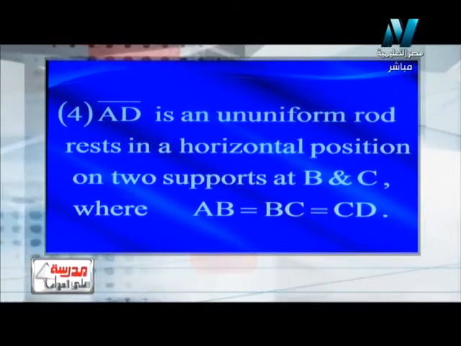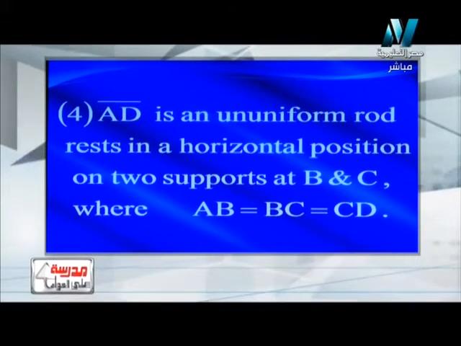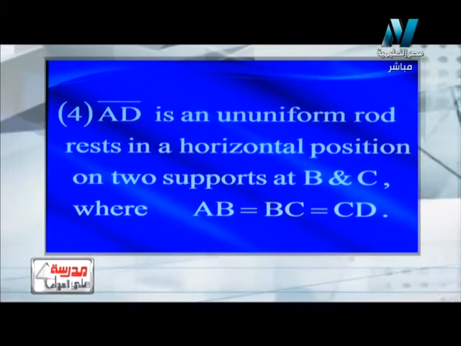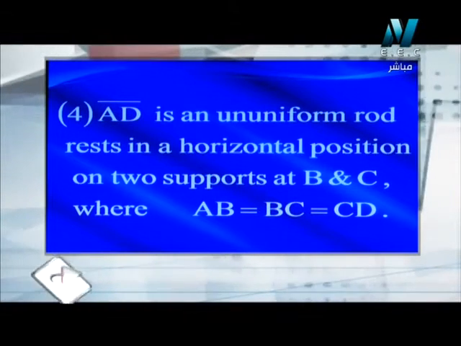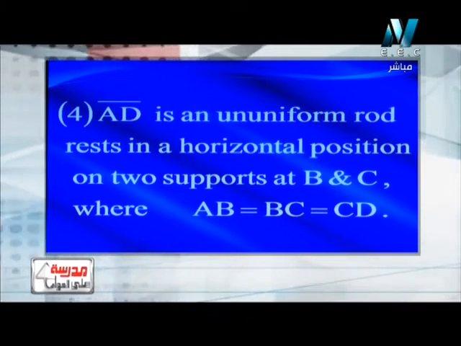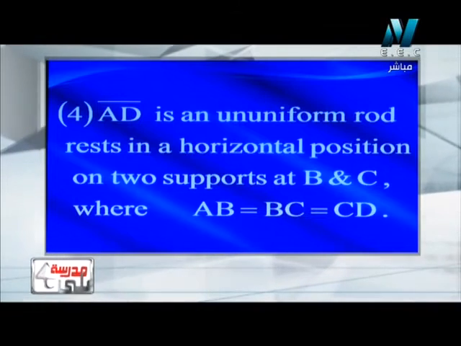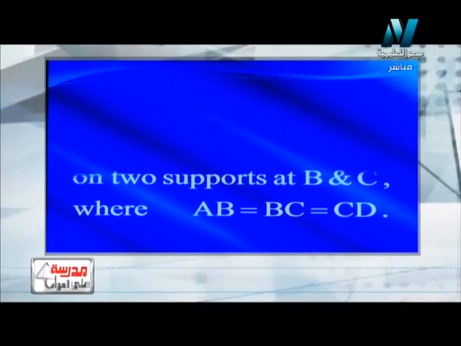All right, and we have more examples actually. So the next example says AD line segment is a non-uniform rod. All right, so it's not a uniform rod. Resting in a horizontal position on two supports at B and C, where AB equals BC equals CD.